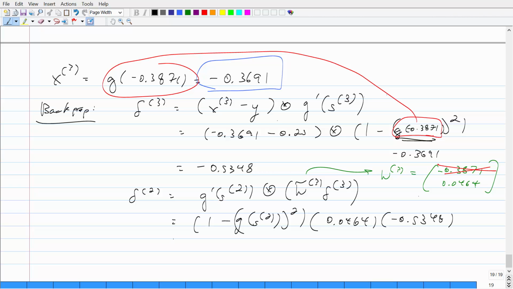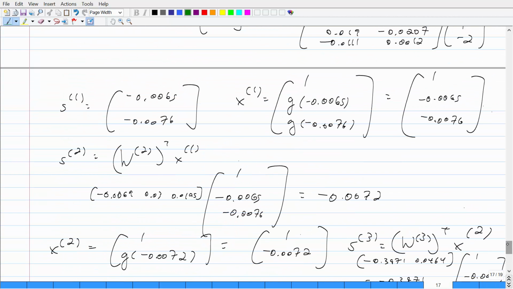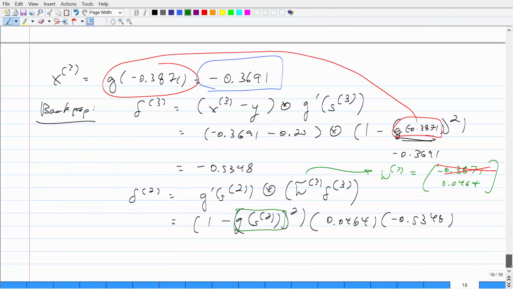0.5348, okay? So G of S of 2, we've already calculated this from the forward prop from before. So let's see here. G of S of 2 is right here, this guy. This right here is G of S of 2. Okay, so in this case, you're just substituting minus 0.0072 into that equation here. Okay, so you get 1 minus 0.0072, I believe it was a minus.